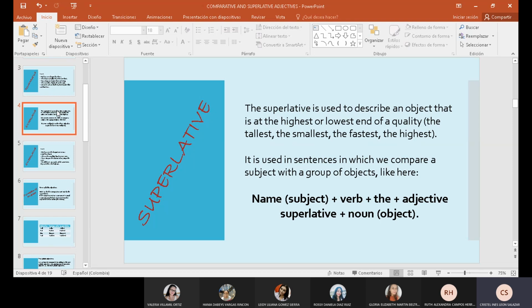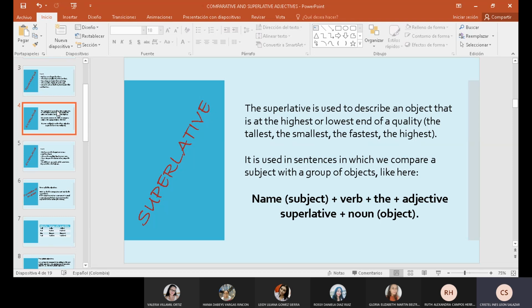Usamos el superlativo para resaltar la cualidad, sea alta o baja. The tallest, the smallest, dentro de un grupo de cosas. El más alto, el más pequeño, el más rápido o el más elevado.